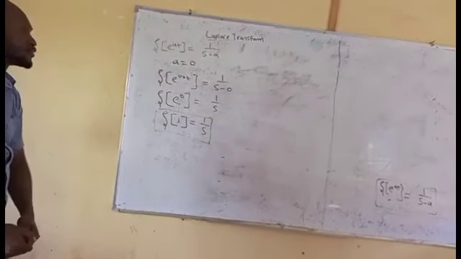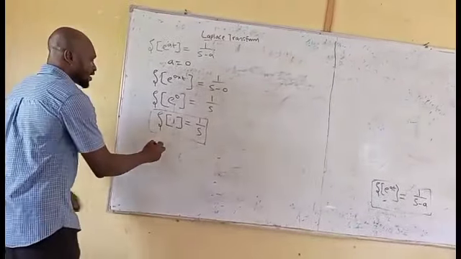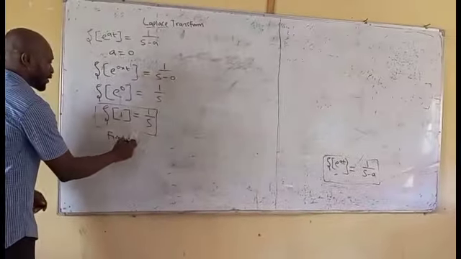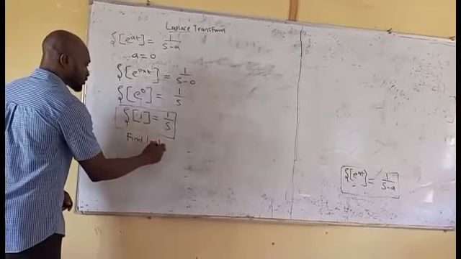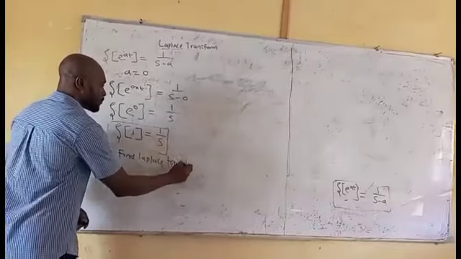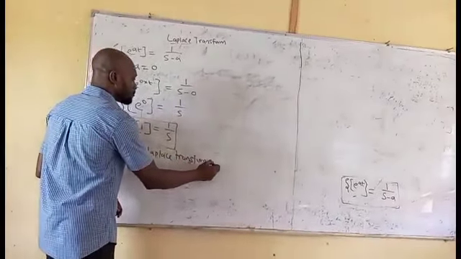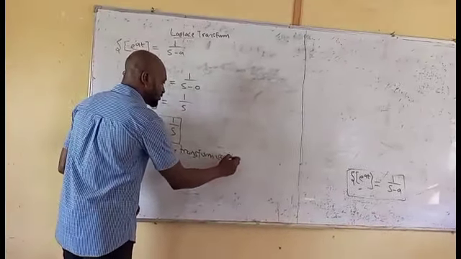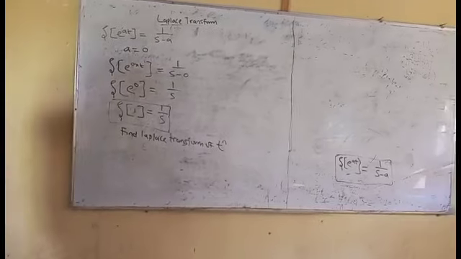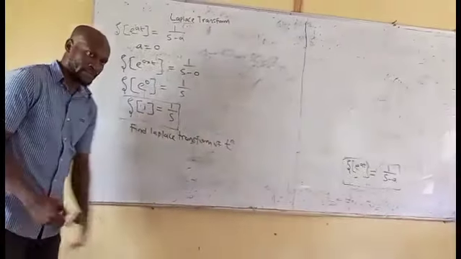Now let's see what if you are asked to find the Laplace transform of t raised to the power of what? n. In this case, this time I am asked to find the Laplace transform of t raised to the power of n.